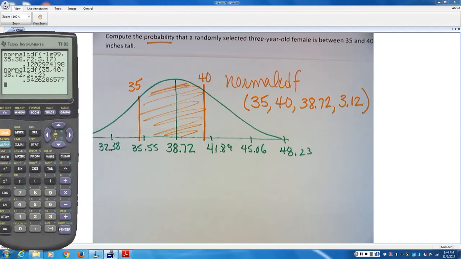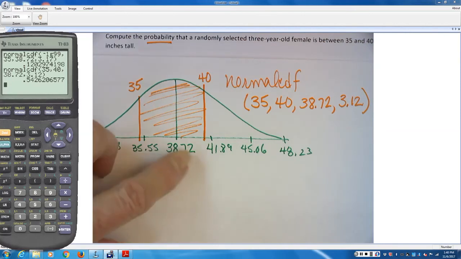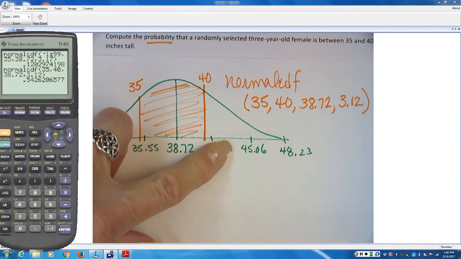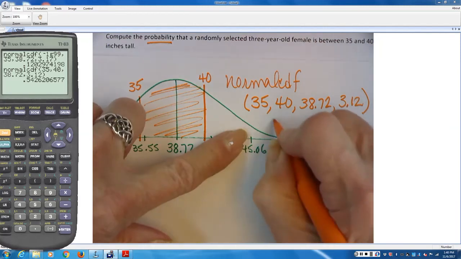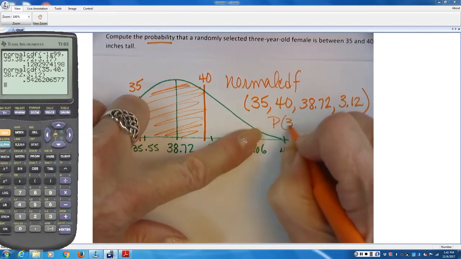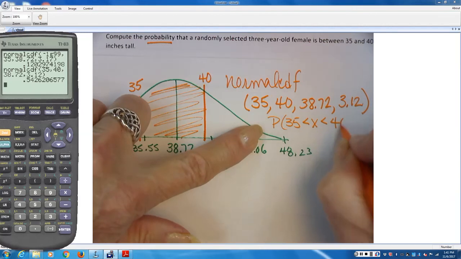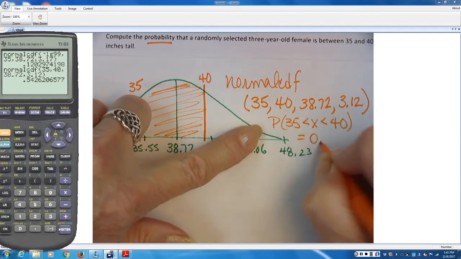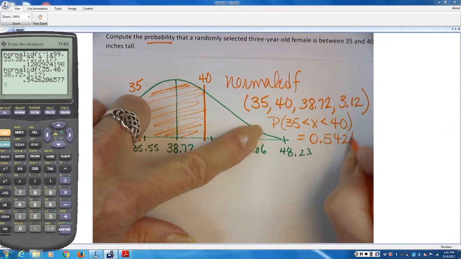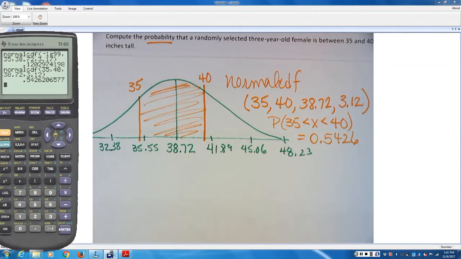So that's going to be 54.26% or 0.5426, rounded off to 4 decimal places.